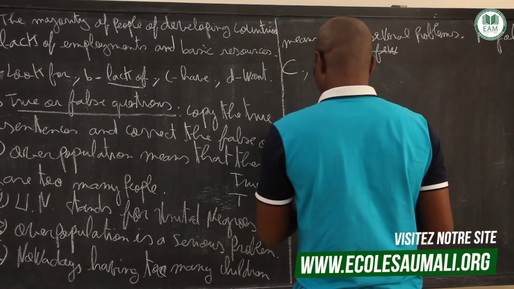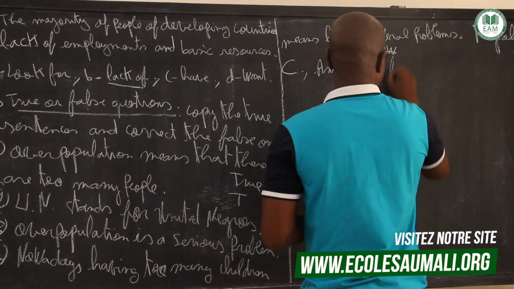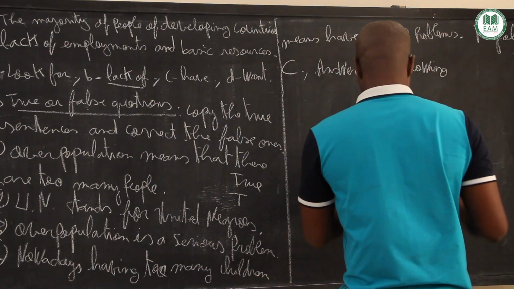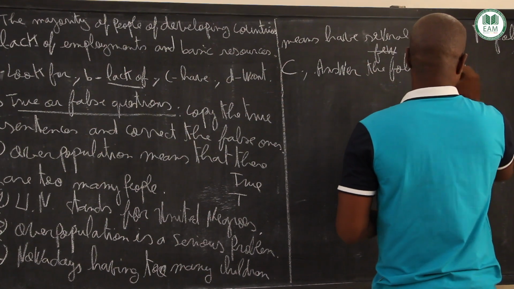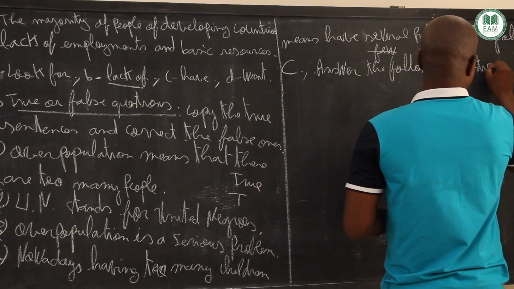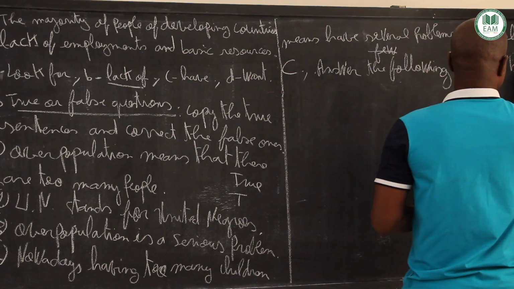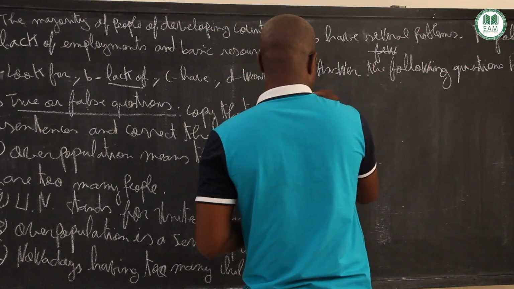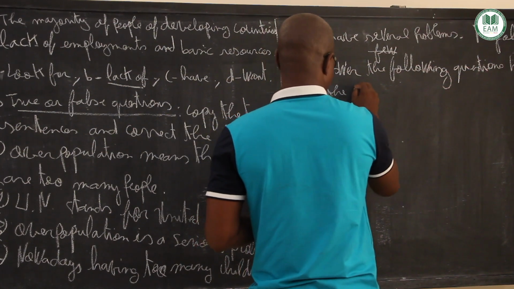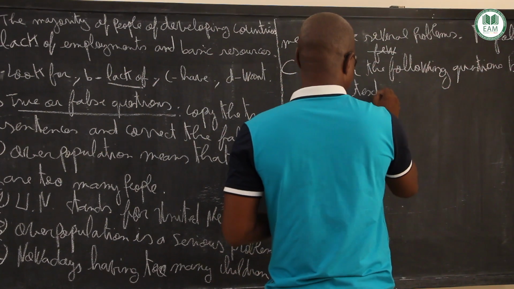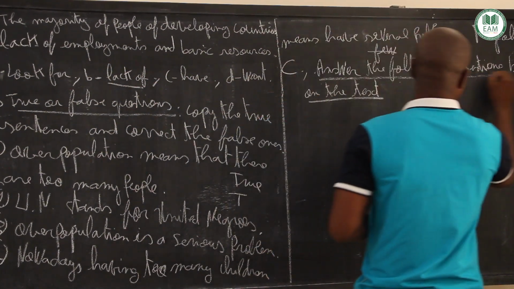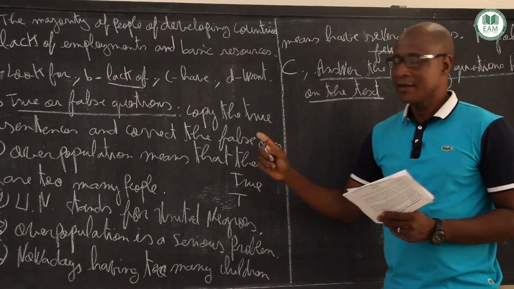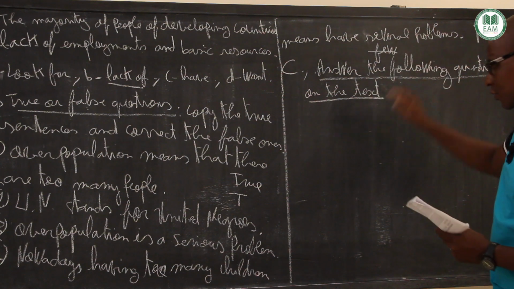Answer the following questions. The following questions based on the text. That's very important. So here you are obliged to read the text because you want to try to answer.